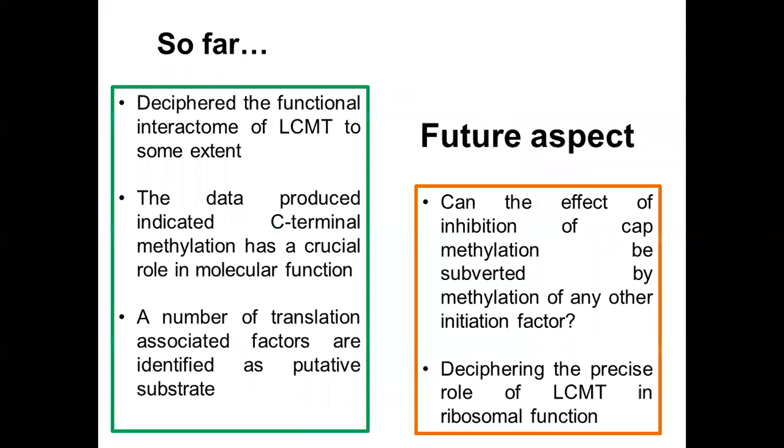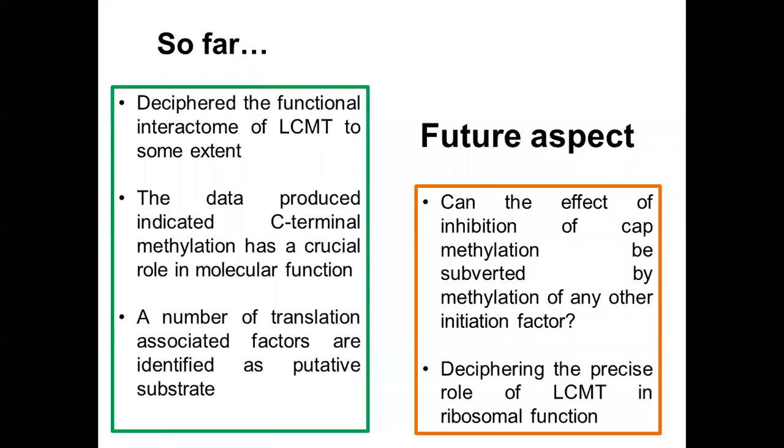To summarize, what we have worked on so far is deciphering the interactome of LCMT and in silico analysis of candidate interacting proteins with LCMT. In future, we would like to focus on the ribosomal proteins and elongation factors that are interacting with LCMT, and we would like to further decipher the regulatory role of LCMT on ribosomal action.